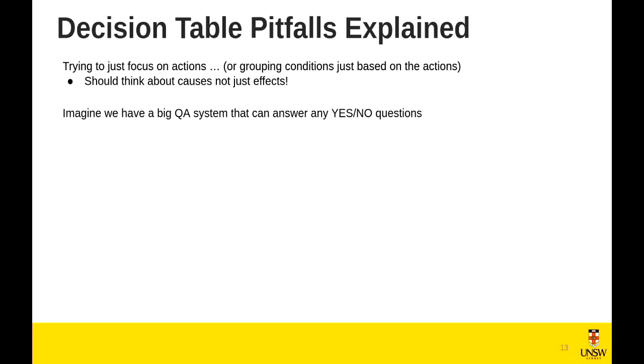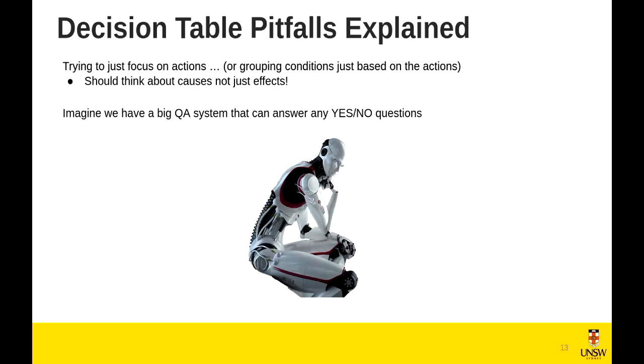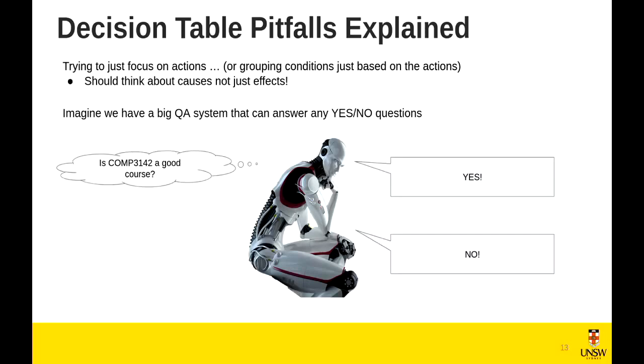Let's imagine an extreme case. Imagine we have a very big QA system that only has two types of outputs, yes or no. It is a very complex system that can answer any question, but it will only answer with yes or no. Let's give it a test case, generated from some conditions.